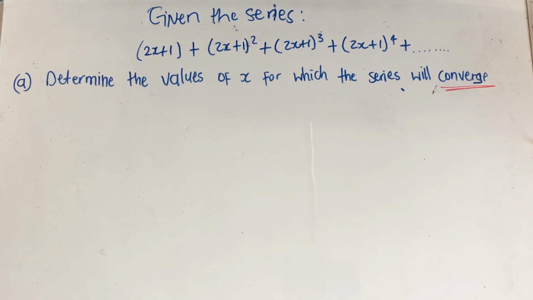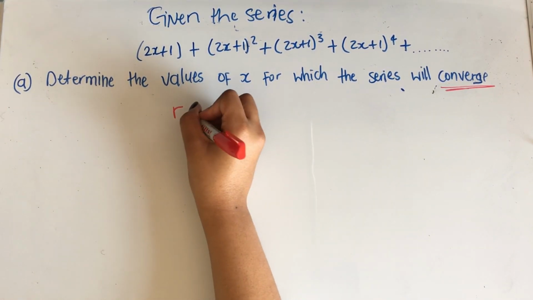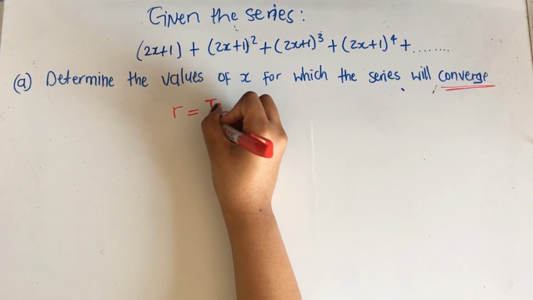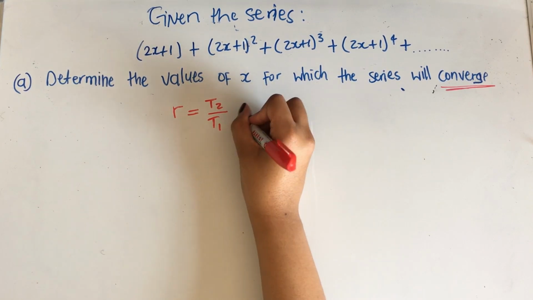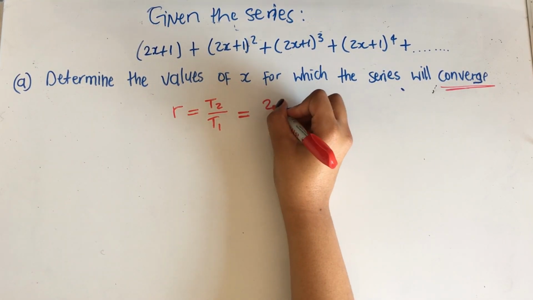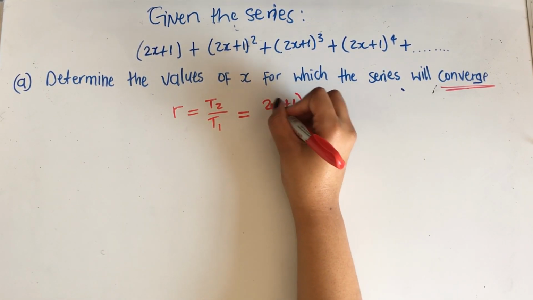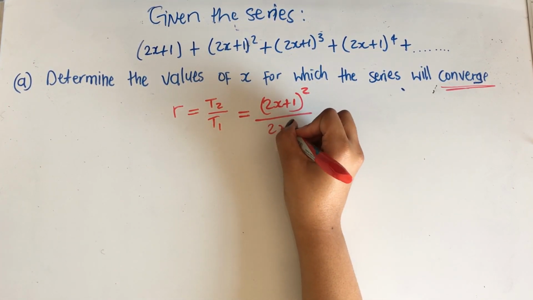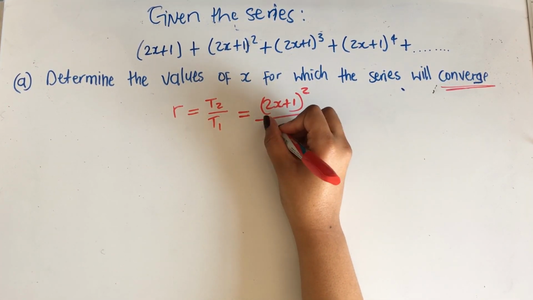So the first thing that we need to do is to get our r. And for us to get our r, we know that it's t2 over t1, right? What is our t2? It's 2x plus 1 squared divided by 2x plus 1.